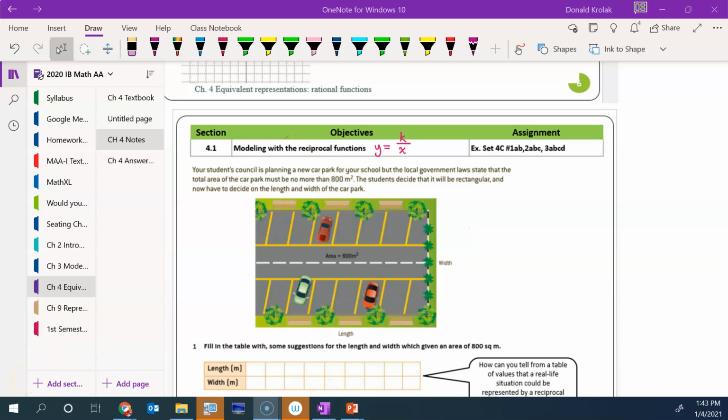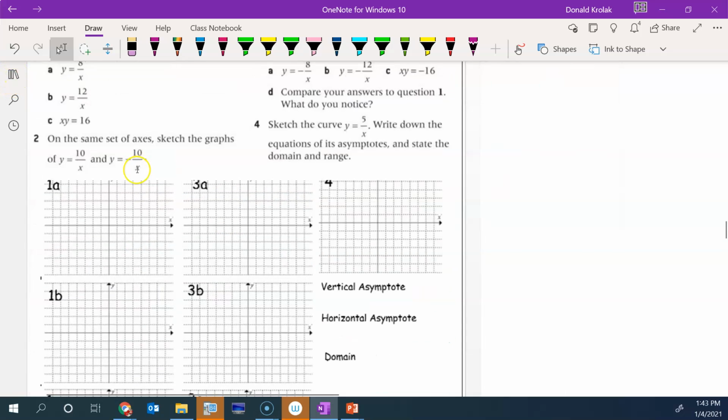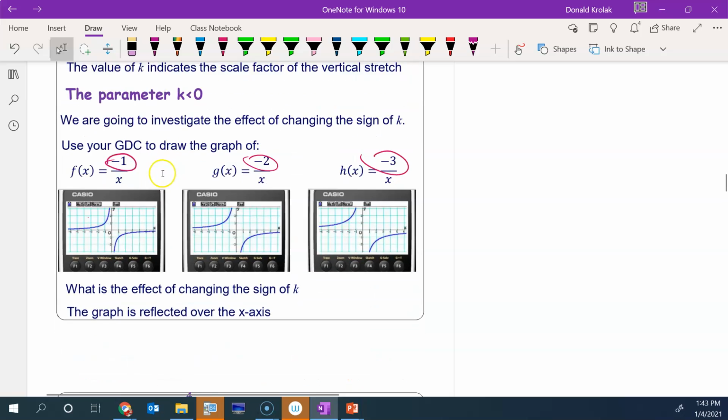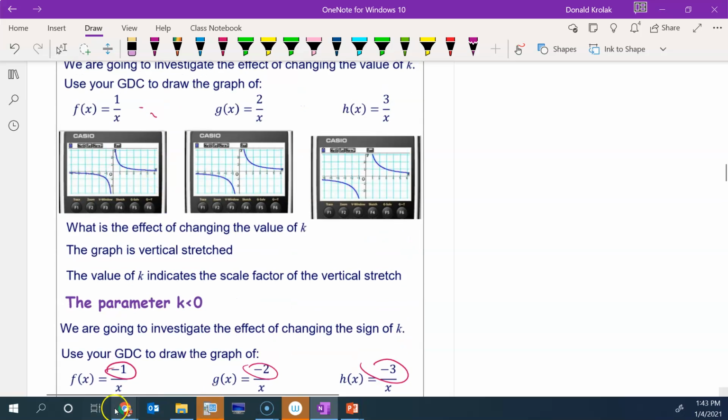Before we went on winter break, we were doing this business with rational functions or reciprocal functions, and they look like these right here. And we just did real simple ones.